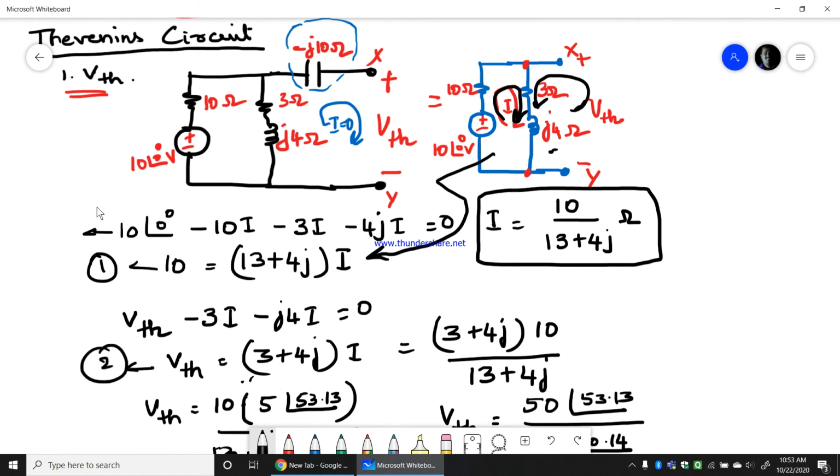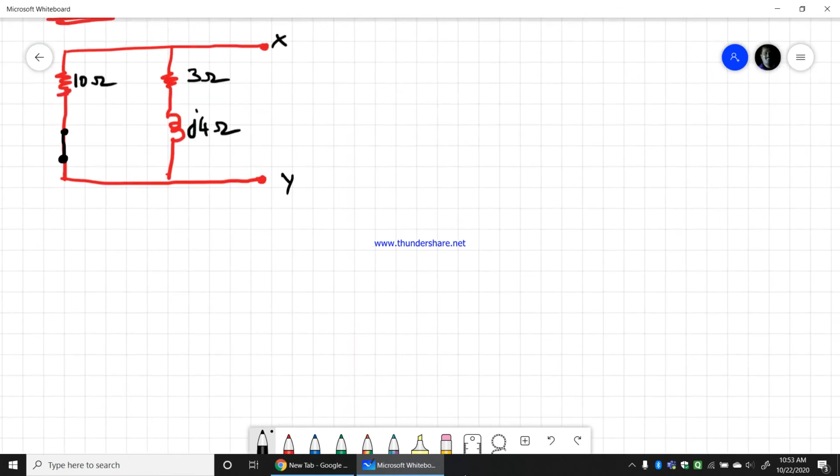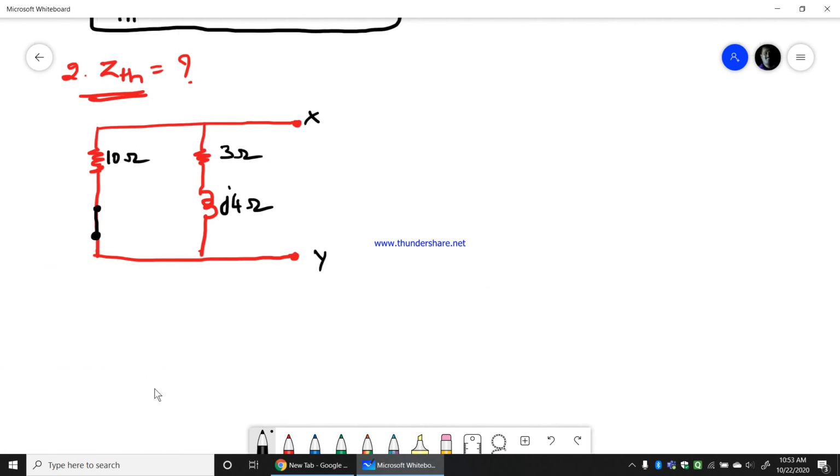This is an independent voltage source, I can short it. Either an independent AC source or DC source, you can short it. So I have minus j10, I have not written that. While finding out ZTH, that minus j10 ohms will come into the picture.